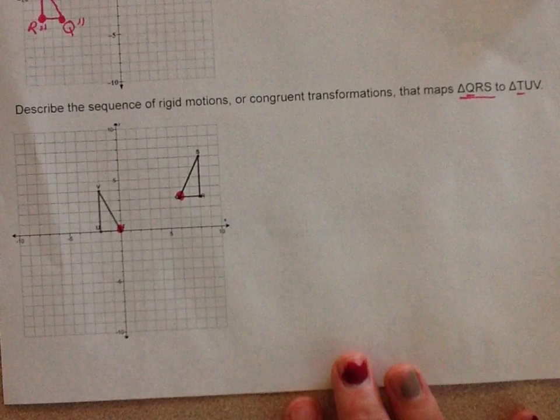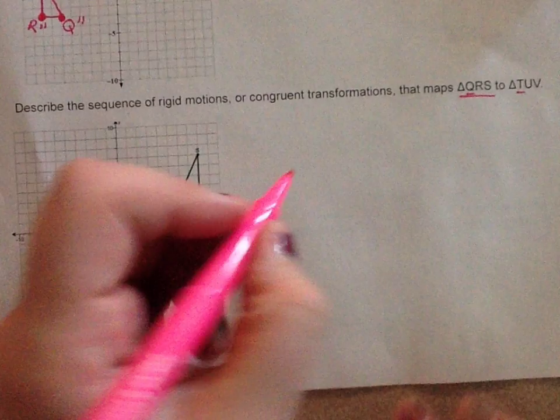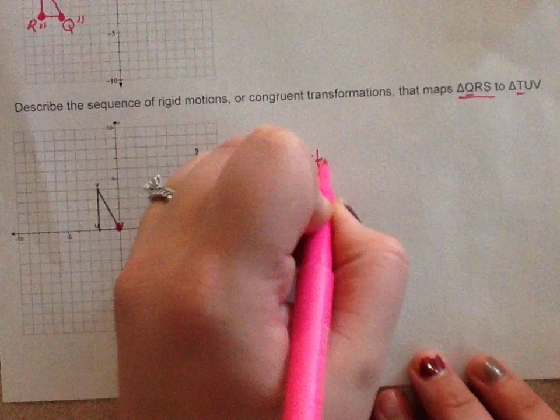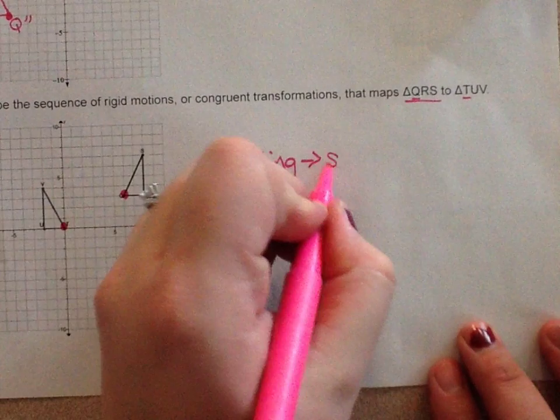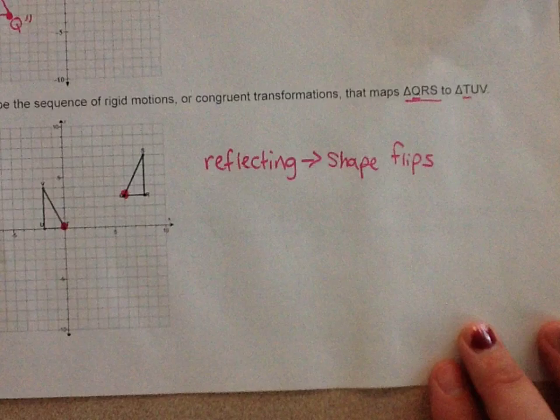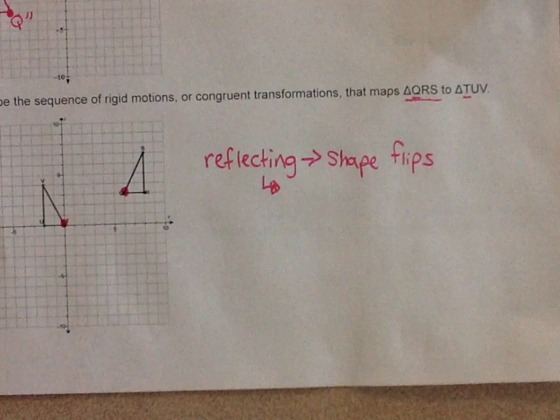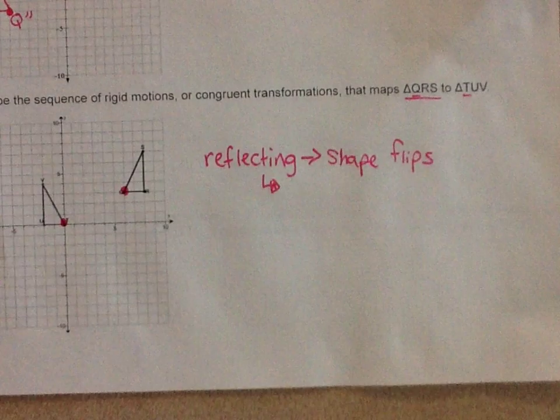The y-axis. No, x equals 3. So we know that we're reflecting because our shape flips. So if you want to write this in, we are reflecting because our shape flips. But we need to figure out our line of reflection.